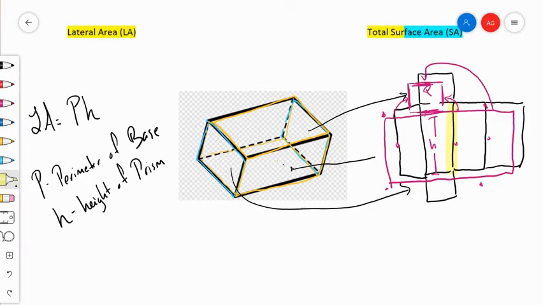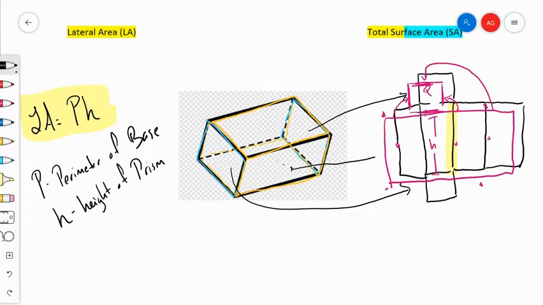This formula, no matter what the shape is, is always going to give me my lateral area. And one thing that's good about this is that for perimeter of any shape, you always just add up all the sides. So if it was a triangle, you add up all the sides.